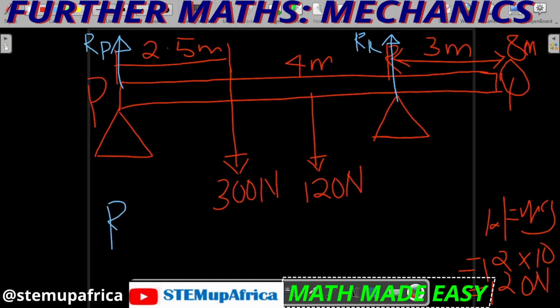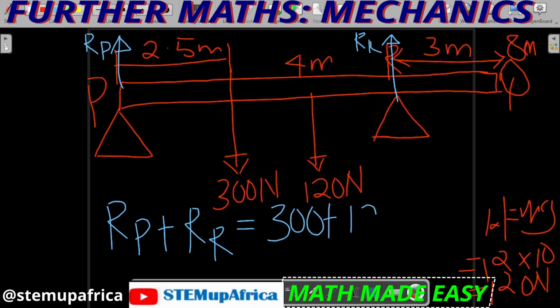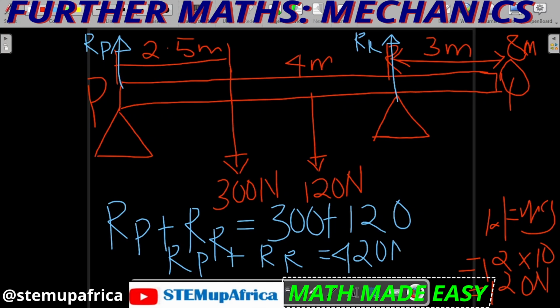We have RP plus R is equal to the downward force, 300 plus 120. So RP plus R gives us 420 Newton. Let's classify this as equation 1.